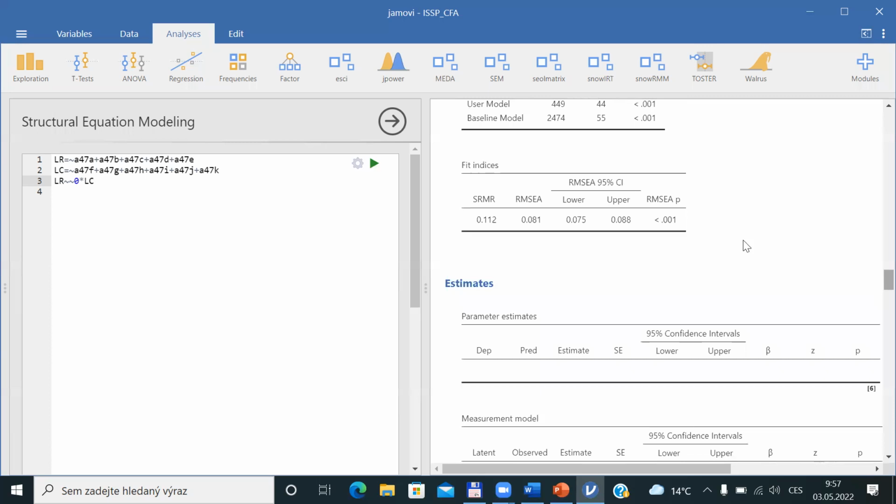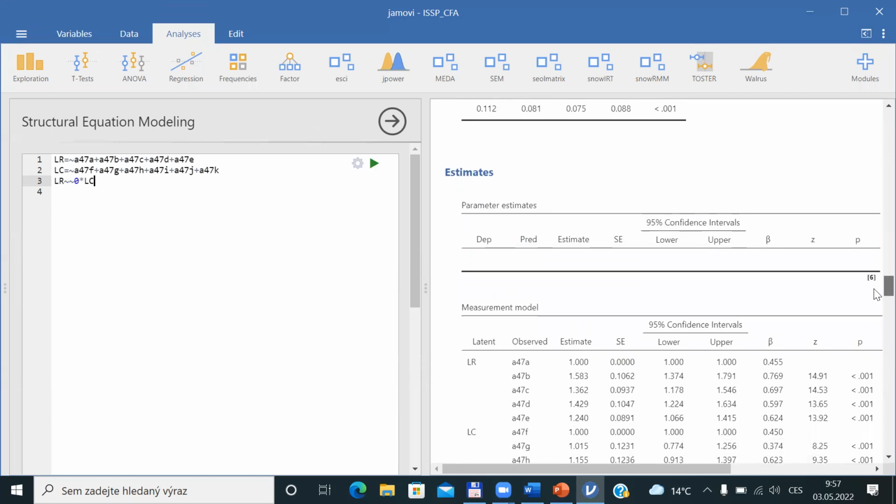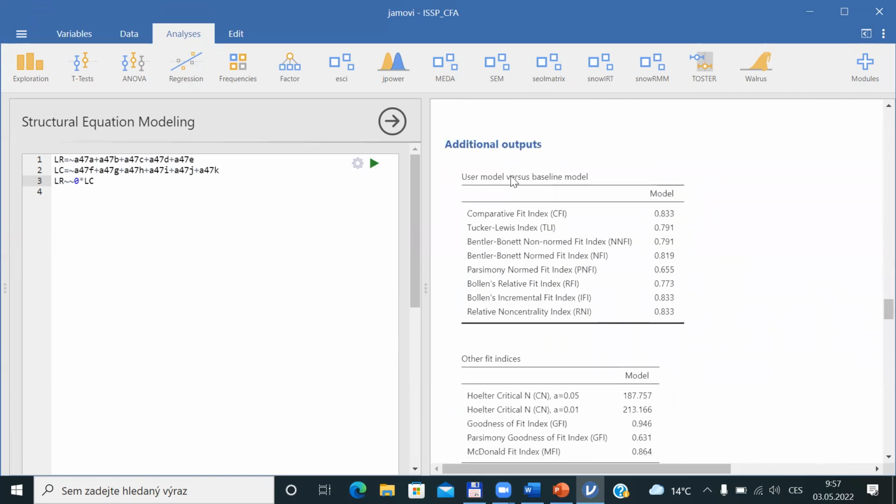And we can go to fit indices and then additional outputs that are present here. So maybe I will start with these additional outputs and measuring of fit of the model, especially CFI and TLI. And both of these values, as you can see, are quite low. In the previous model, if I remember well, CFI was slightly above 0.9 and TLI was approximately 0.9. But currently 0.83 and 0.79 is saying, okay, maybe there is some problem in your model.